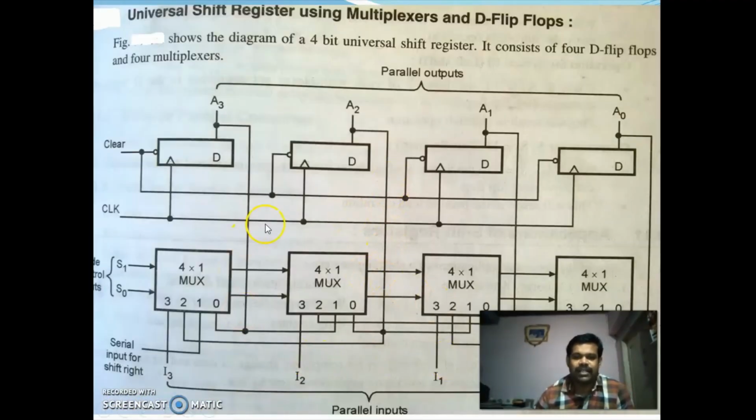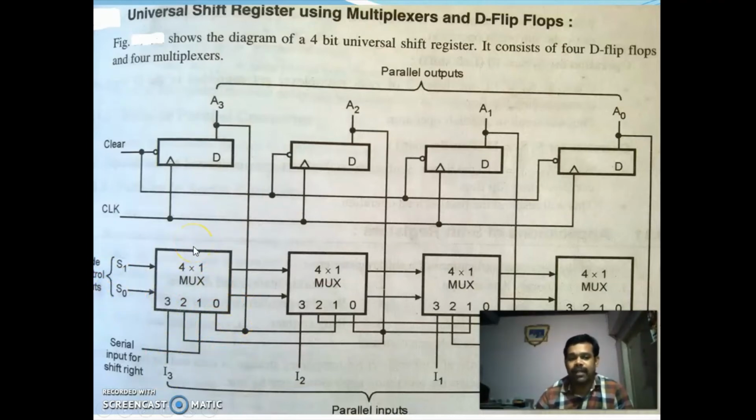So this is the circuit of a universal shift register. It is having 4:1 muxes. You know that a 4:1 mux will be having 2 select lines, 4 inputs and only 1 output.